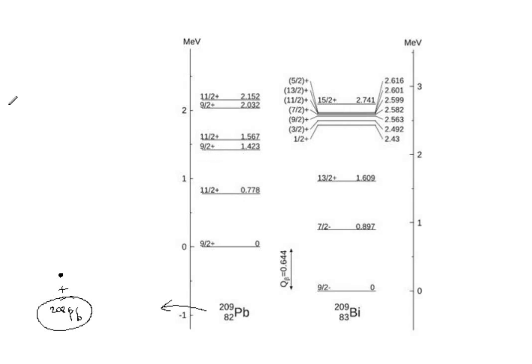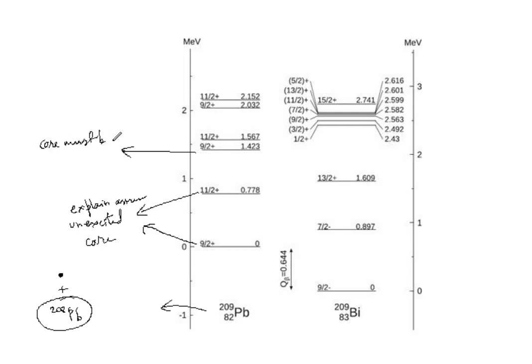So what I am saying is that I can explain these two levels assuming an unexcited core, but from this level onwards, the core must be excited to explain this. This is what I am saying.